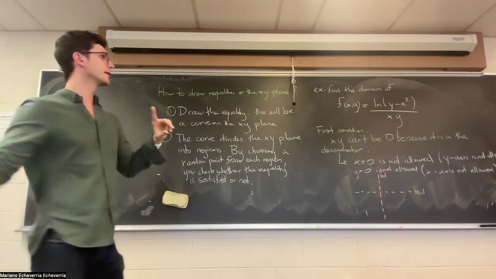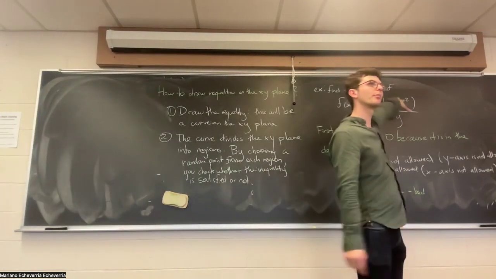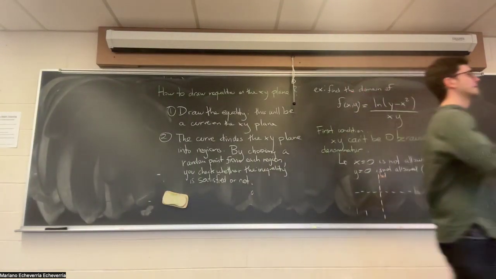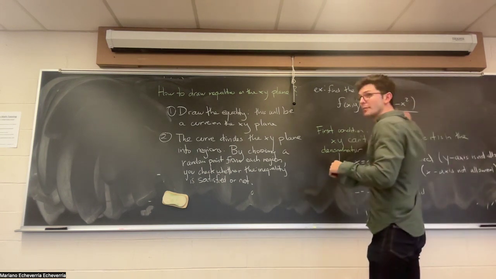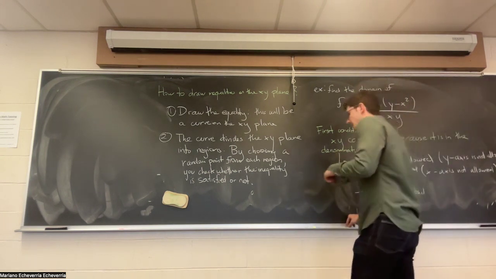And now we can come to the numerator part, which is a natural log, right? It's similar to what we were discussing before. A natural log can only make sense when the thing inside the logarithm is positive, right? So because of the logarithm, we need y minus x squared to be positive, okay?